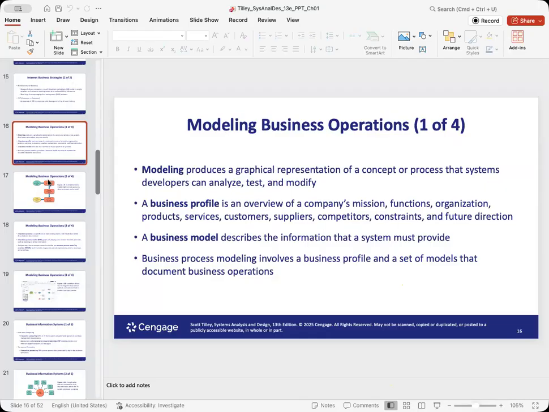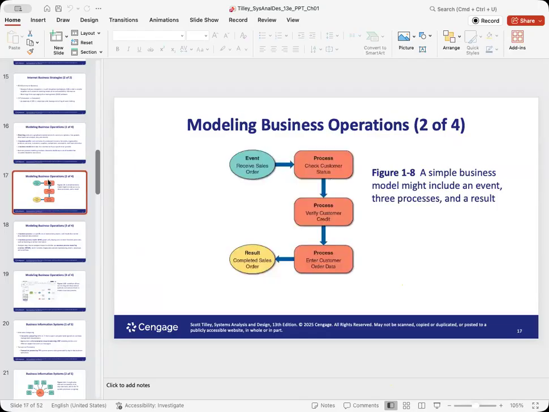All right. So this is a simple business model which includes an event, 3 processes, and a result. Remember, I talked about the business process model. Let's assume that you receive a sales order as a business person. What do you do? You process that order. How do you process the order?